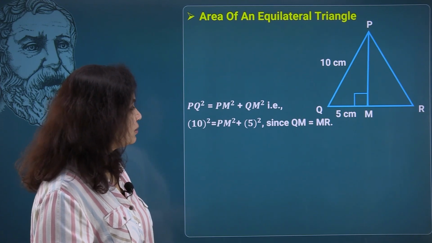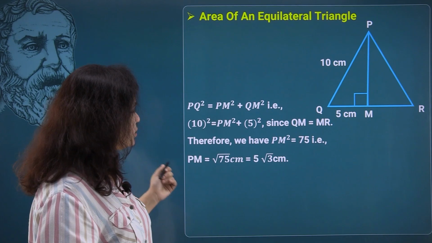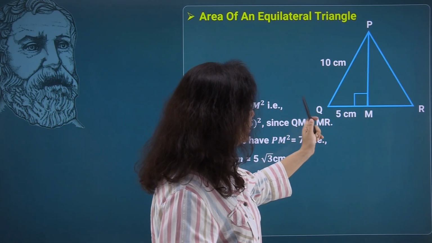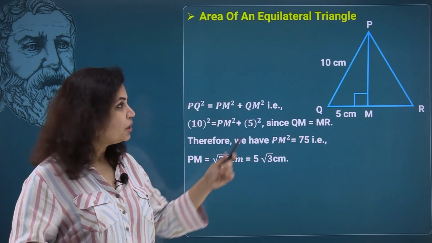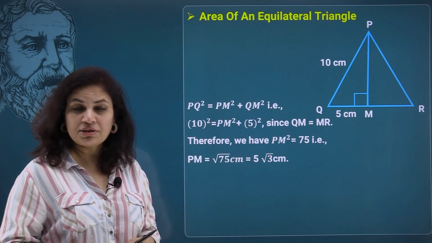PQ is 10 centimeter, QM is 5 centimeter. Using Pythagoras theorem, we find the height PM, which comes to be 5 root 3 centimeter.